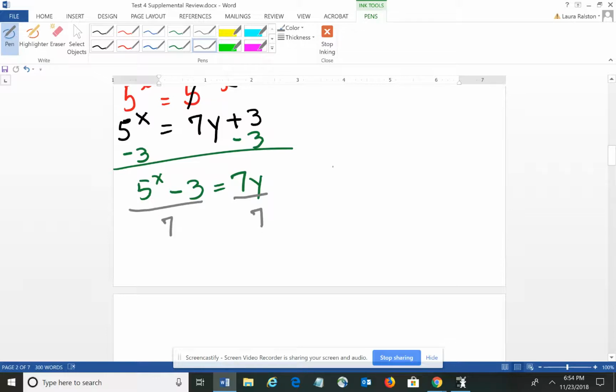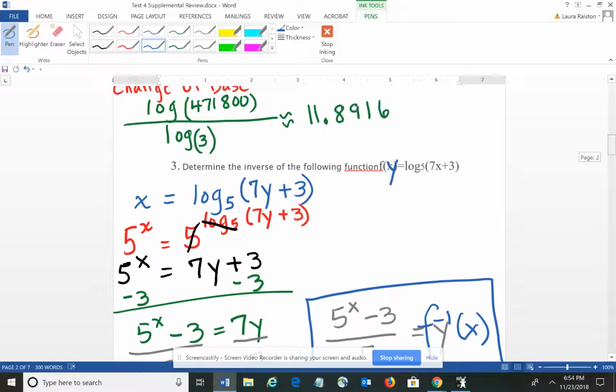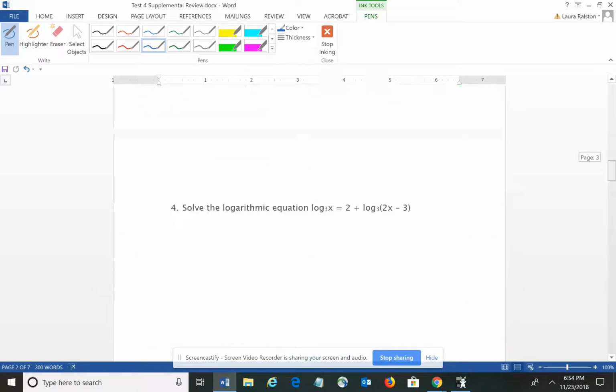So I end up with 5 to the x minus 3, all divided by 7, which represents y. But in this scenario, that y that we just solved for is our f inverse. So 5 to the x minus 3, all divided by 7, would be the inverse of log base 5 of 7x plus 3.